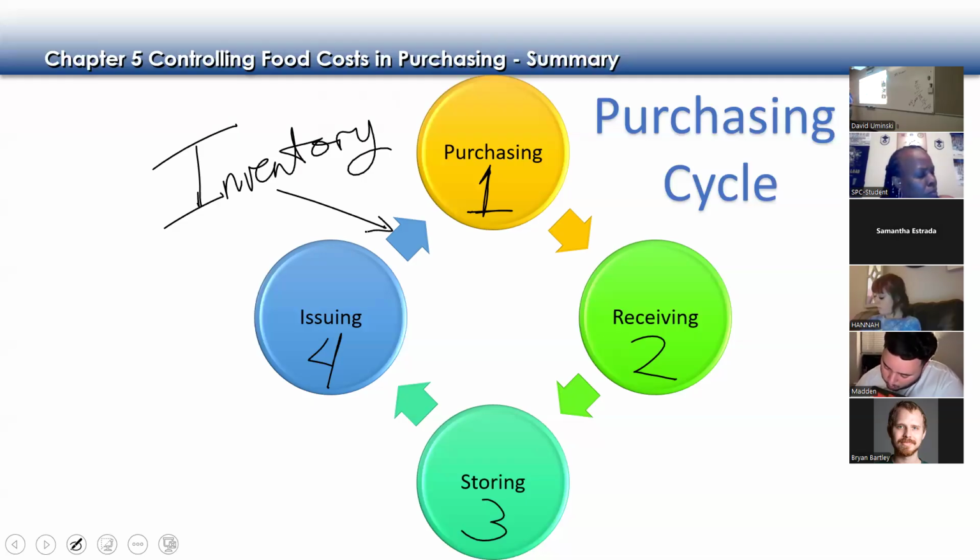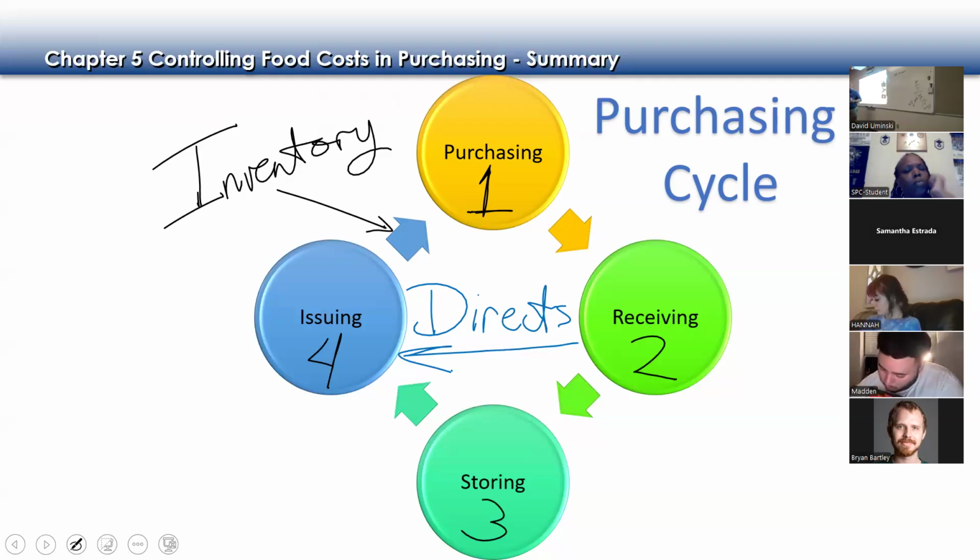Right? There's one section that's not on here. And it's a concept called directs. That is something that goes from receiving. It skips step 3. So we don't even store it. It just goes directly into production. So really highly perishable things like fresh seafood, that's going to go directly into production.